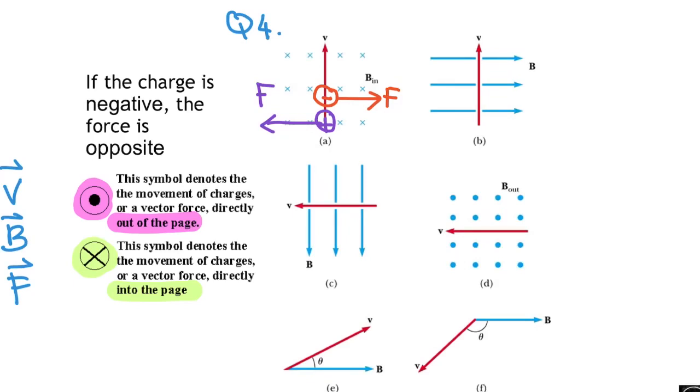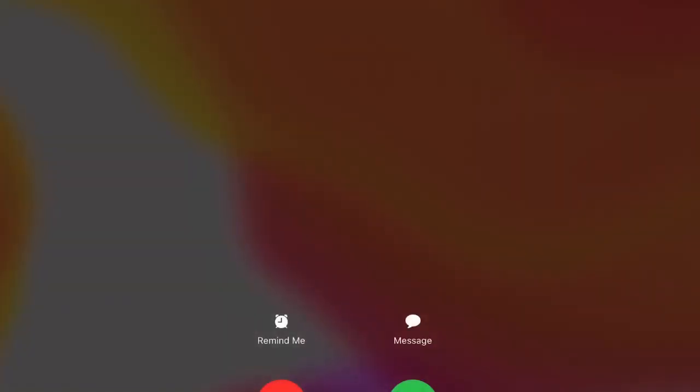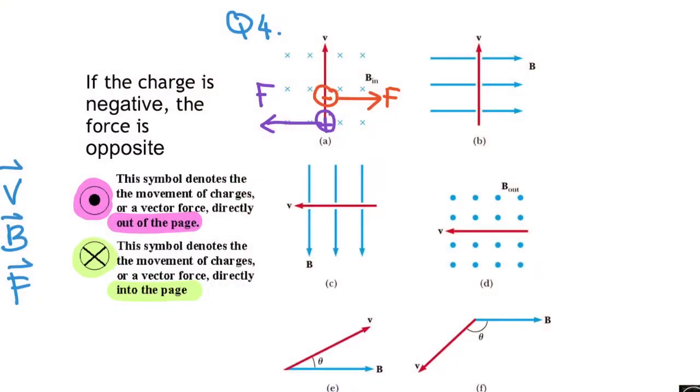Your velocity, the index finger, is to the top of the screen. B is to the right, so your thumb is pointing into the page.